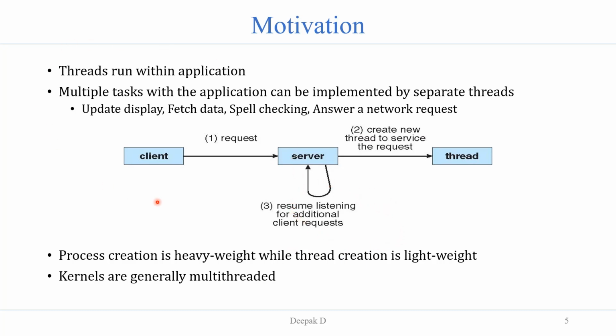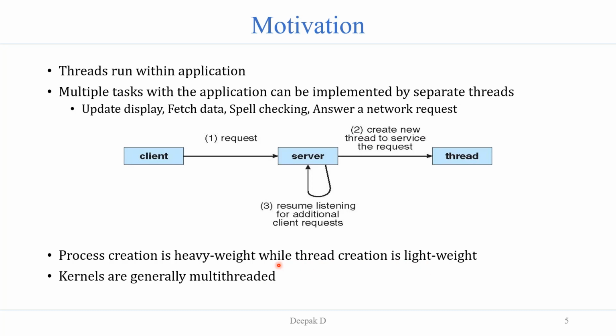I hope this diagram is clear for you. Hence we call process creation heavyweight, because it is time consuming and resources need to be allocated, whereas a thread is called lightweight. So you have understood this.